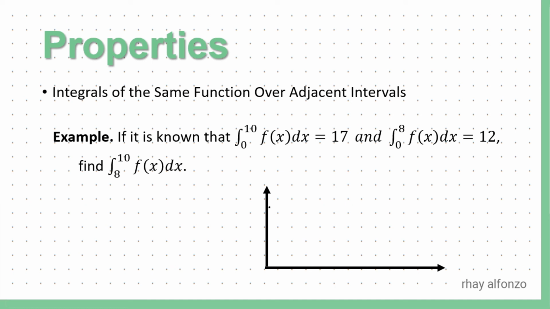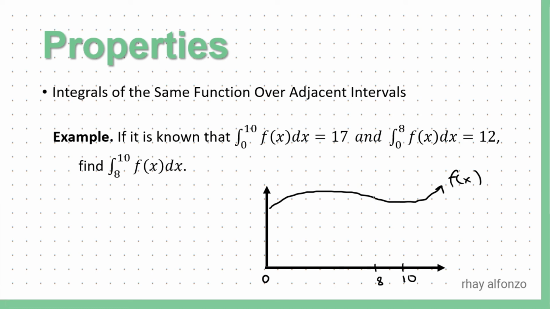So here, let's just draw f of x as any curve, since f of x can be any function. And let's mark the interval. So we have from 0 to 10: 1, 2, 3, 4, 5, 6, 7, 8, 9, 10. And from 0 to 8.